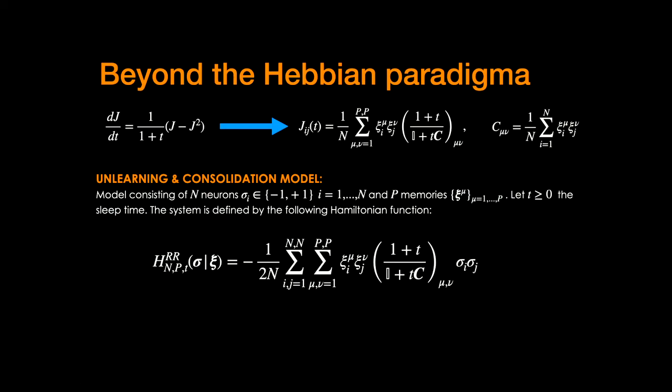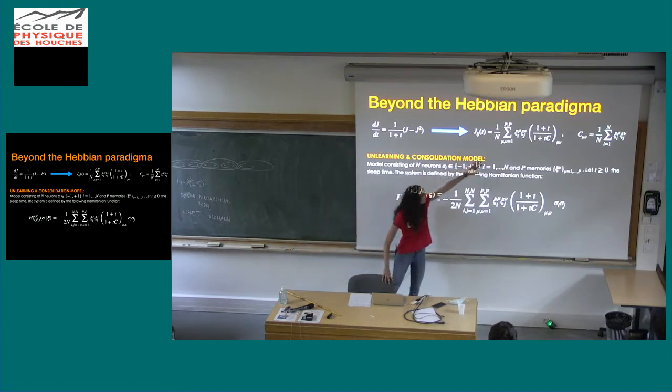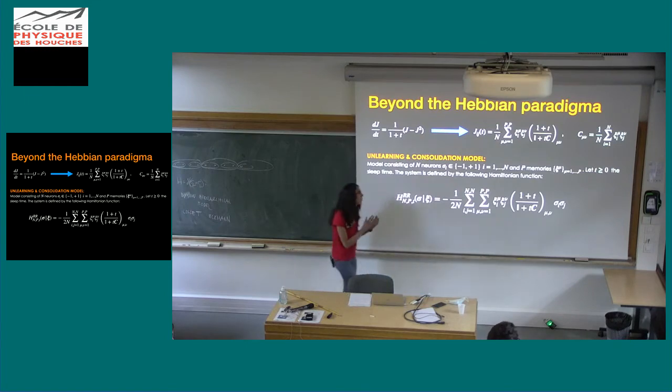And the idea is to change the matrix J of the Hopfield model. I will not go into detail, but at the end we have this formulation of the matrix J, where T now is the sleeping time, and C is a correlation matrix. And if we put this into the Hopfield Hamiltonian, we will have a new Hamiltonian that takes this form.